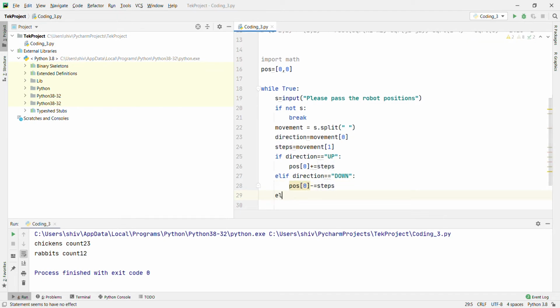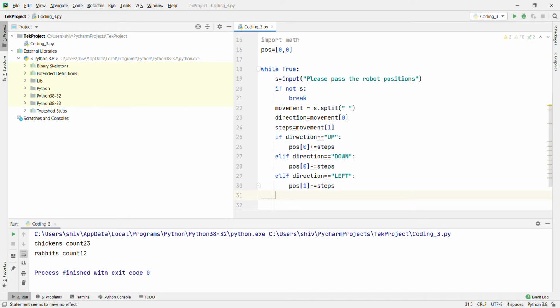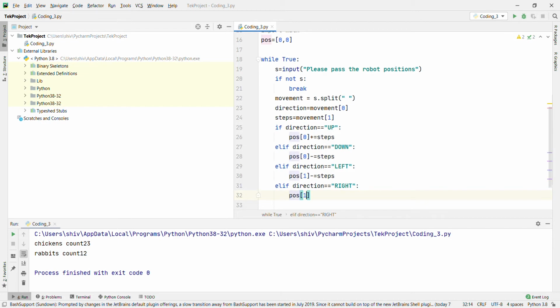Else if the direction is equal to left, then position 1 is going to decrease the step. If you are going right, then it will increase the step. Else if direction equal to right, then position 1 plus equal to steps.